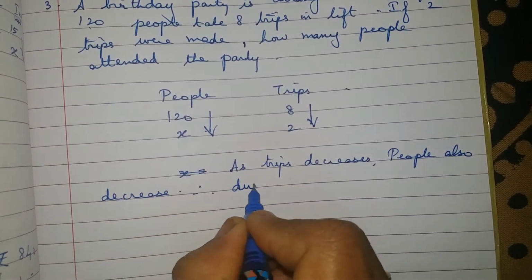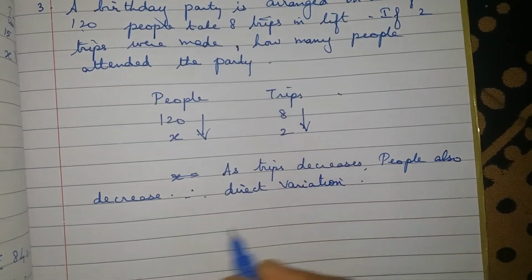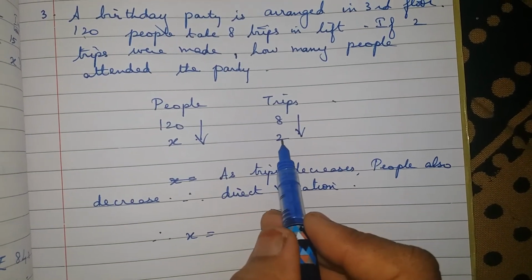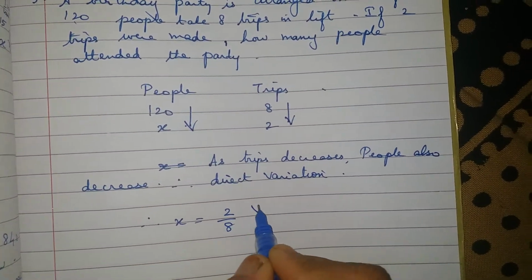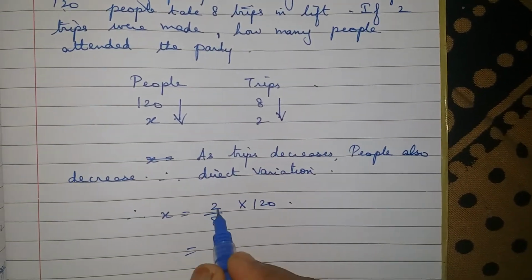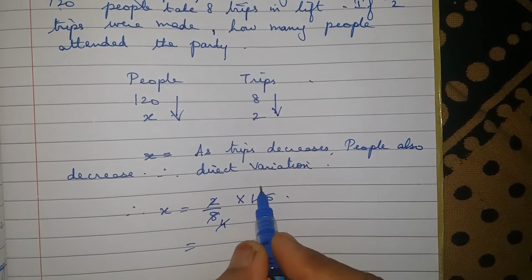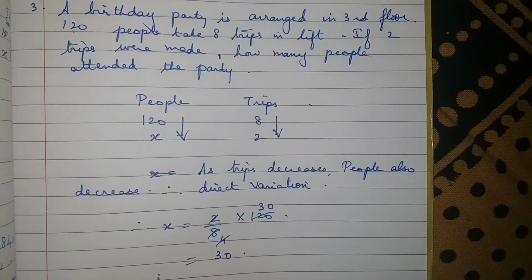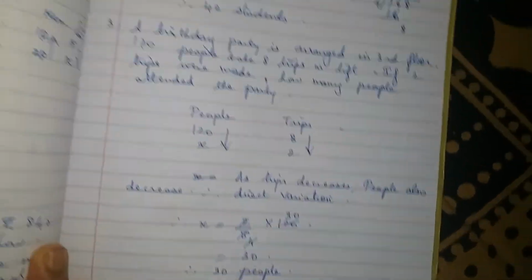Therefore direct variation. Therefore x is equal to, direct variation means first divide, that is this value divided by this, 2 by 8 into 120. So it is 4 times, this is 4 3s are 12, so 30. So it is equal to 30. So how many people means, therefore 30 people were carried in the lift.